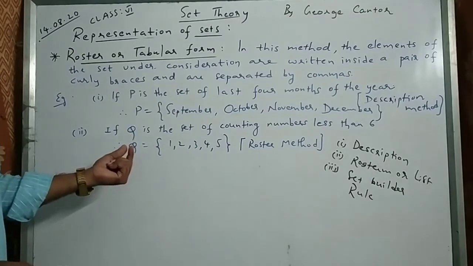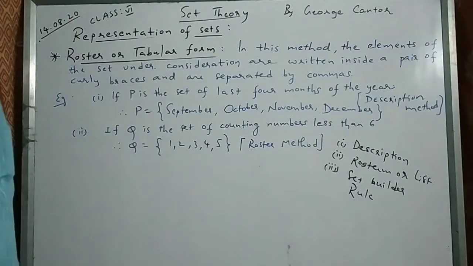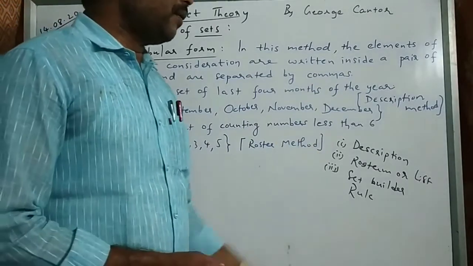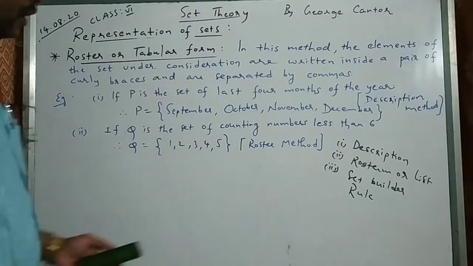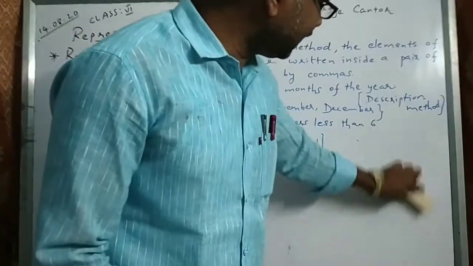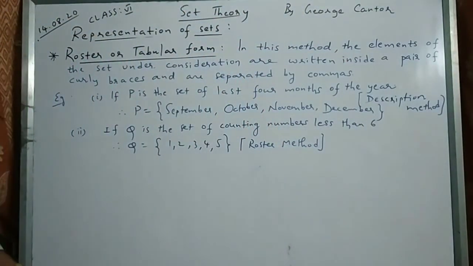Natural numbers starts from 1. So 1, 2, 3, 4, 5. Okay, that is called the roster form. So when we are given description form, we can write it in the roster form. Okay. Once again I'll tell you.